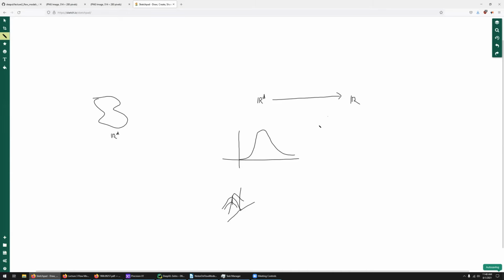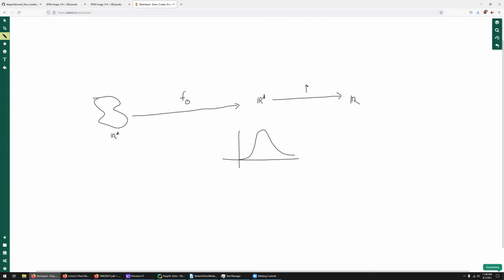So let me remove this. What we're actually doing is creating a function called f theta that maps R^D to R. Because this already comes with a way to turn R into a probability, we now have a probability function.